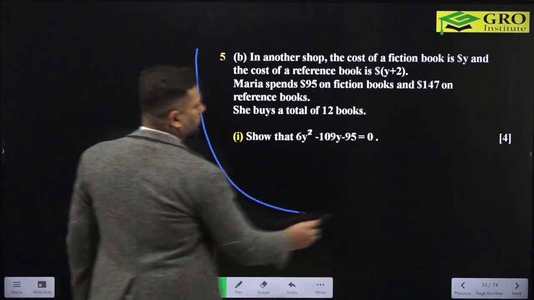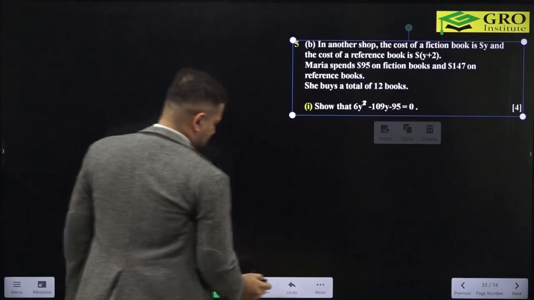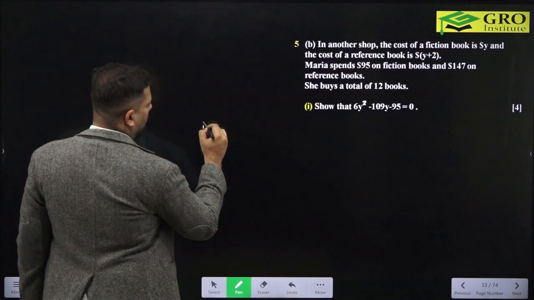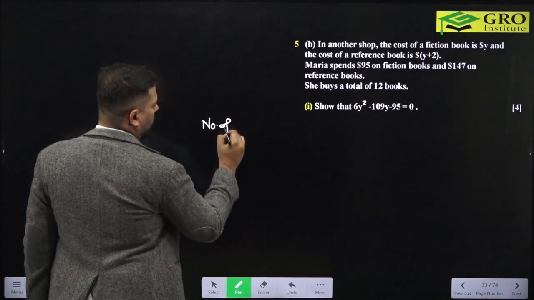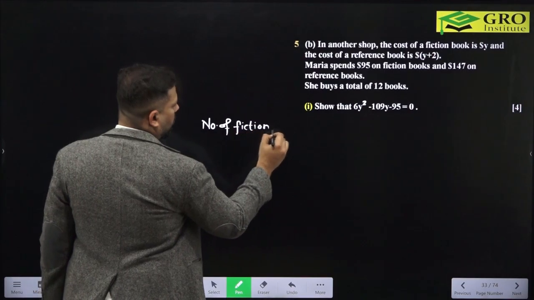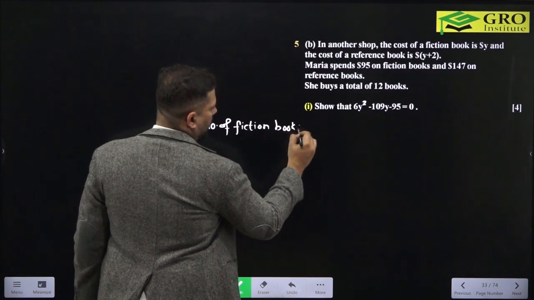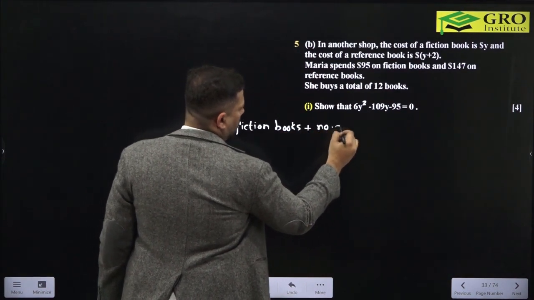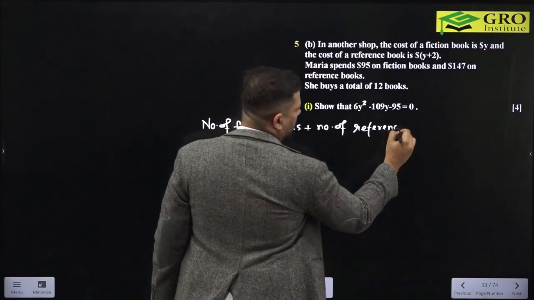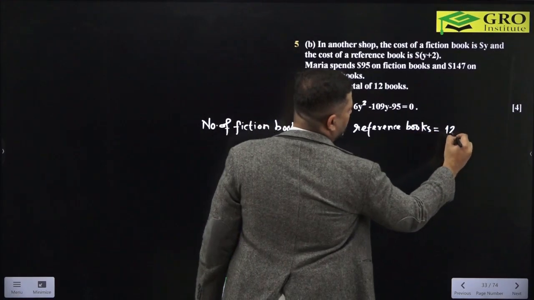Let us get some space for our work. Yes, so here number of fiction books plus number of reference books is equal to 12. Isn't it?